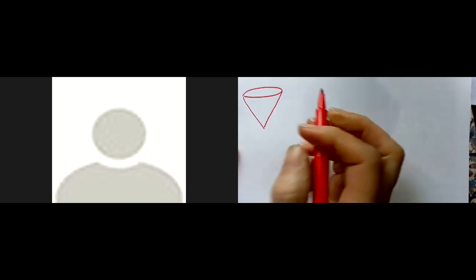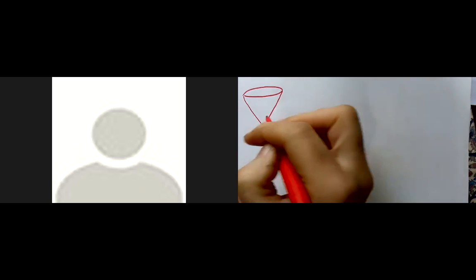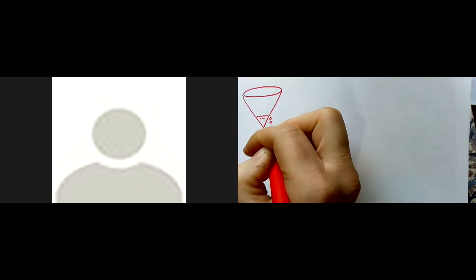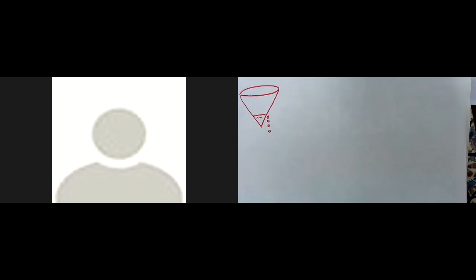Water is leaking out. Maybe this is the water. Not a good thing to have anything leaking, but water's leaking out. And they give us the rate. Anytime I see that, that's giving me the rate of change. That's giving me the derivative.